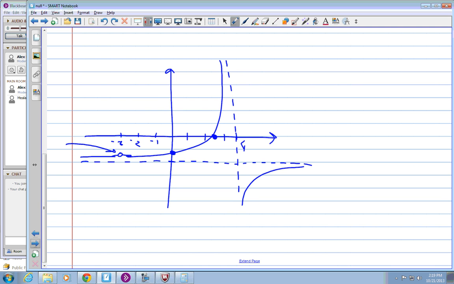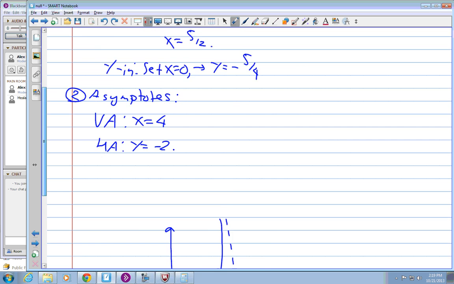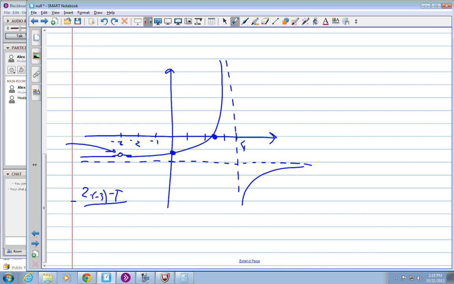So to figure this out, it'll be negative 2 times negative 3 minus 5 over negative 3 minus 4. So what is that? I lost count. So it's negative 11 over negative 7, so negative 11 over 7, right?